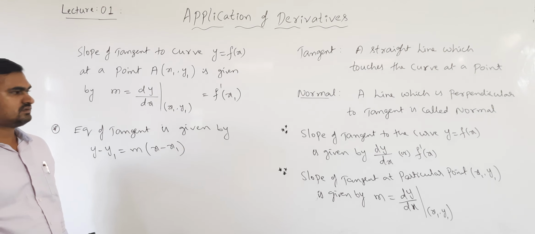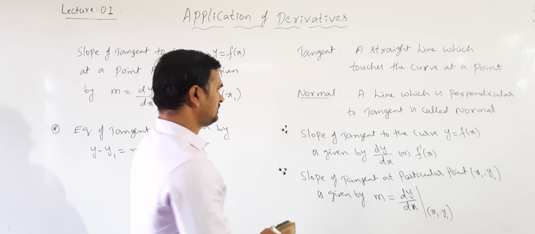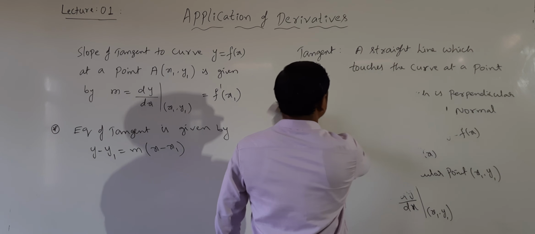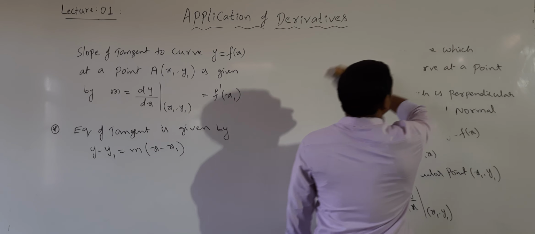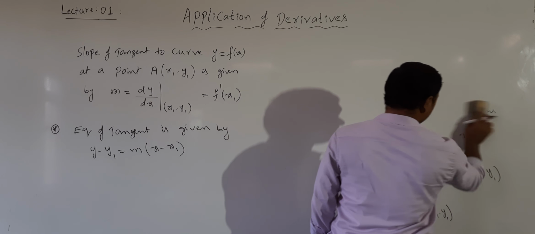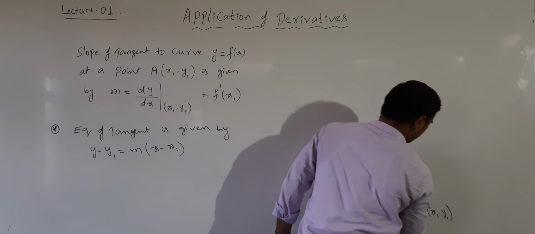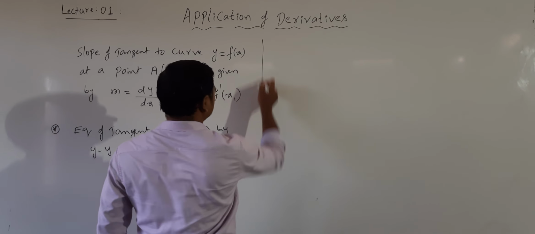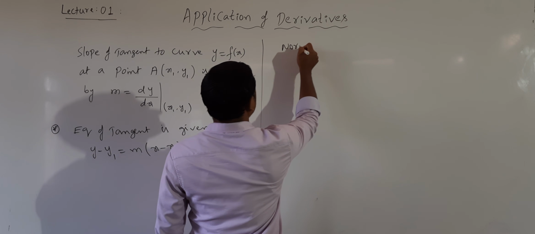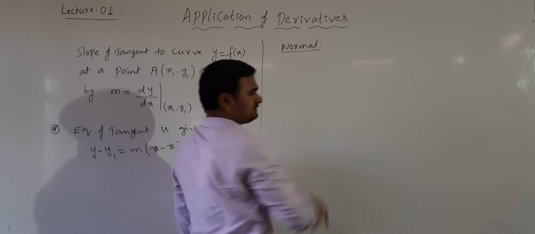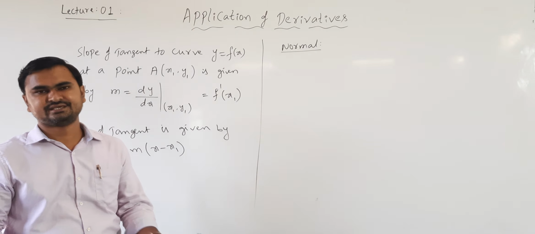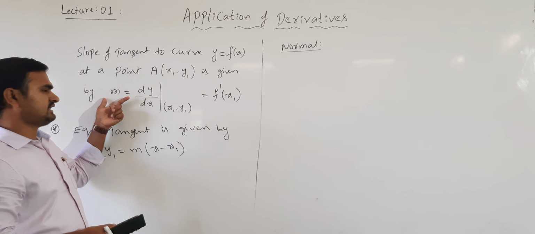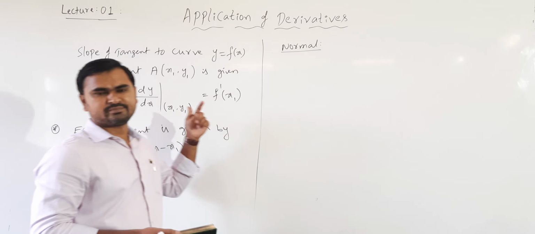Now how do we write the equation of normal or slope of normal? First we see how to write the slope of normal, then we write the equation of normal. We already discussed that normal is a straight line perpendicular to the tangent. If the slope of tangent is m, what will be the slope of the perpendicular line?